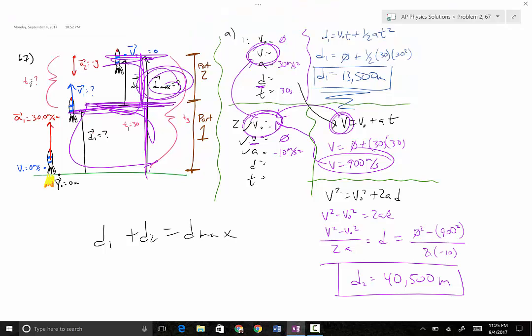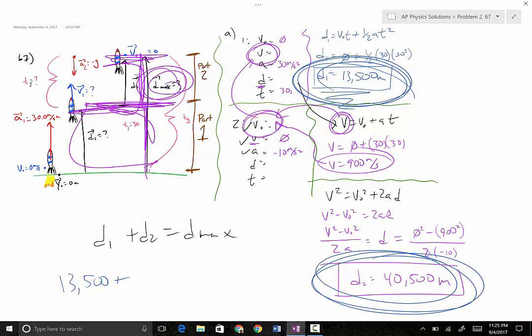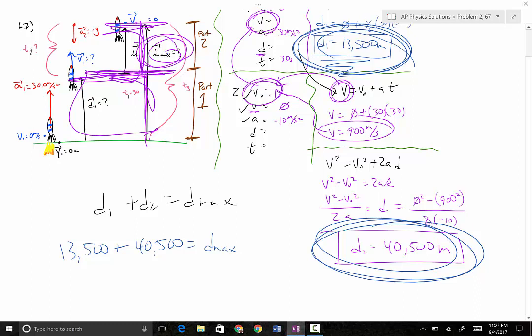So I can plug all that in. D1, which I found in this part right here, is 13,500 meters plus D2, which is 40,500 meters. So that means that D max is 13,500 plus 40,500, which is about 54,000 meters.